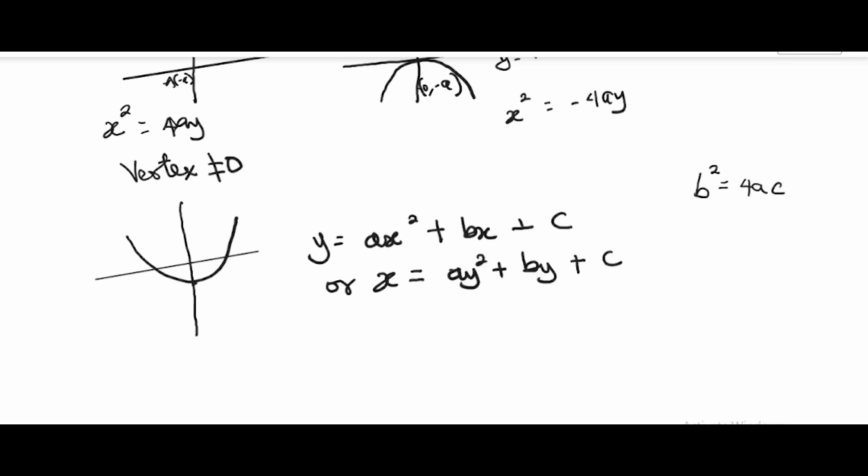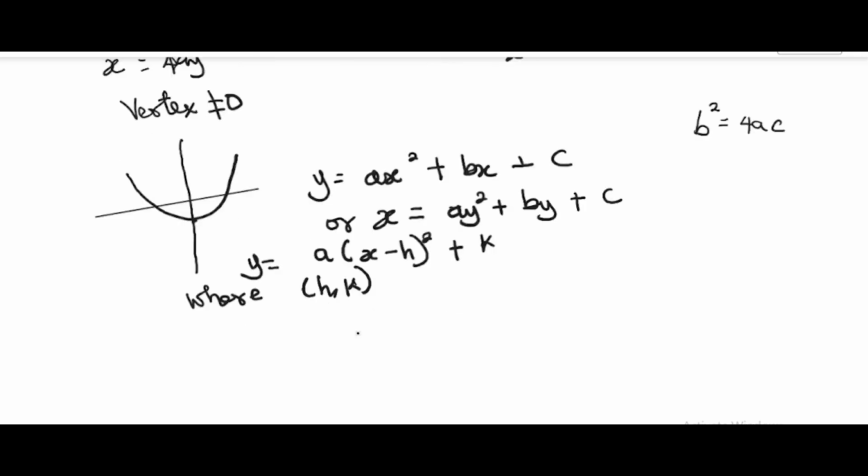Now, if I want to find my vertex at points h, k, given that my vertex is h, k, I will have this. I don't want to bore you with the derivations so that the video doesn't become lengthy. Where h, k is the vertex, right?